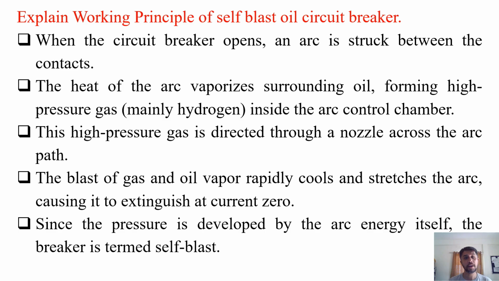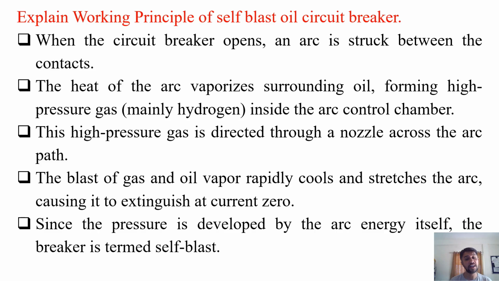Explain working principle of self-blast oil circuit breaker. When the circuit breaker opens, an arc is struck between the fixed contact and moving contact. The heat of the arc vaporizes the surrounding oil, forming high pressure gas, mainly hydrogen, and along with this ethylene, methane, etc. hydrocarbon gases are produced inside the arc control chamber.